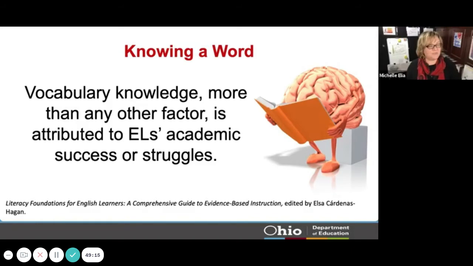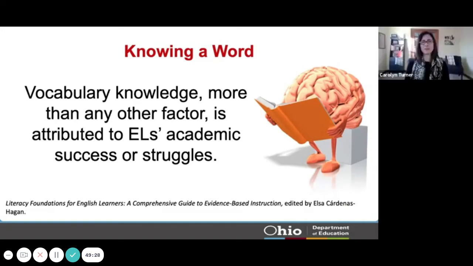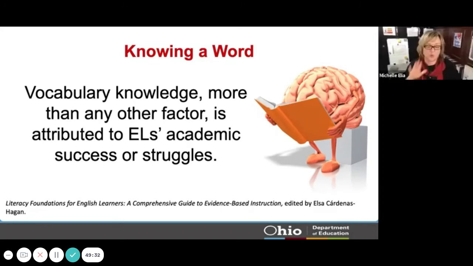Hey, Carolyn, I'm going to interrupt here for a second, just because we are getting a couple of questions. One of them is the nonsense word topic, which I don't want to spend too much time on because this is not about decoding today. I think there might be a misconception about the purpose of nonsense words. We'll address that next week, but just know that using nonsense words as a tool for assessment is incredibly valuable in determining our students' proficiency with decoding.